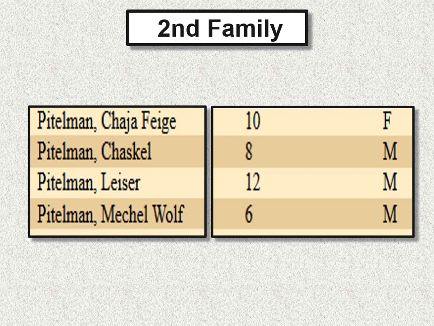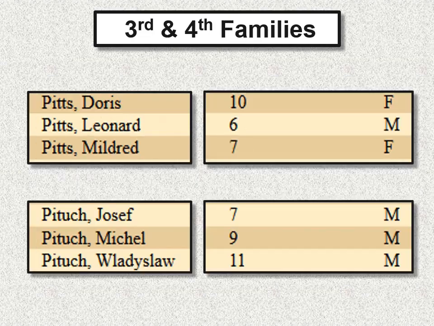But I don't think that's probably going to work. The third and fourth families we can exclude. The ones on the bottom are all male kids. Then the third family has 2 females and 1 male. Now, it's sometimes possible you see mistaken sex on the manifest, so it's not absolute.